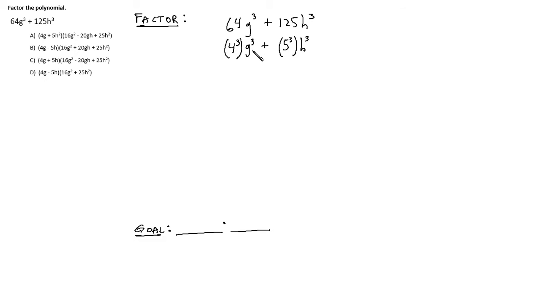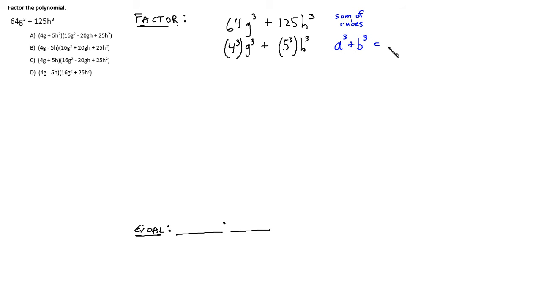So what applies to this problem is a special factoring formula for the sum of two perfect cubes. And what we're going to use is a cubed plus b cubed, and that is the form of what we have, which is called a sum of cubes.